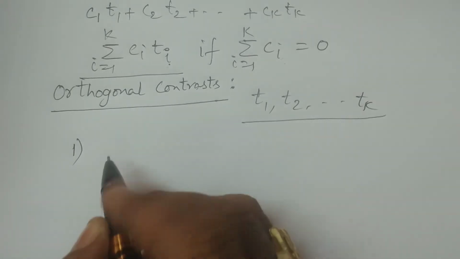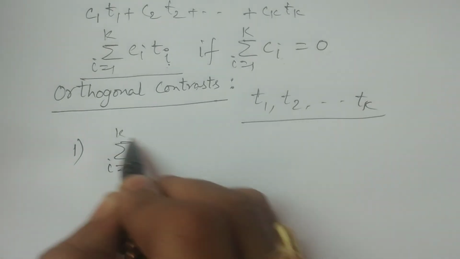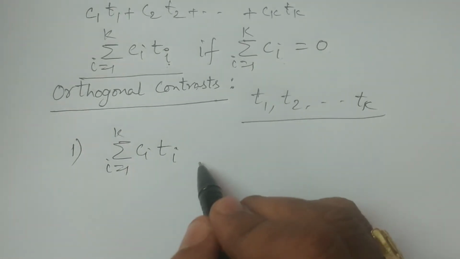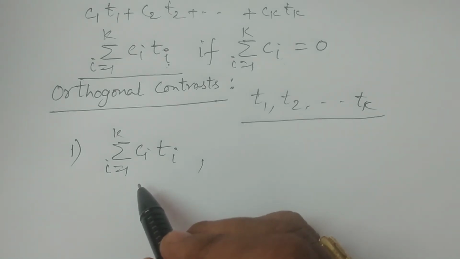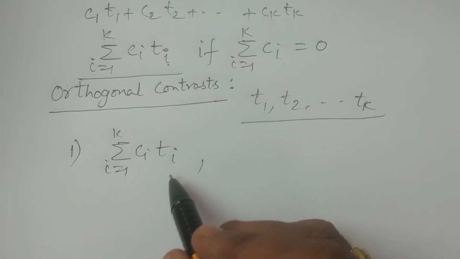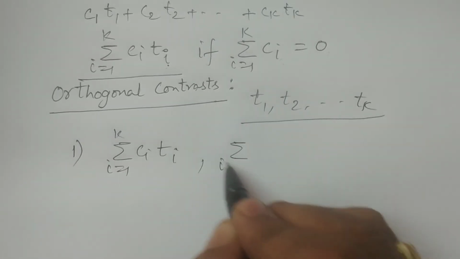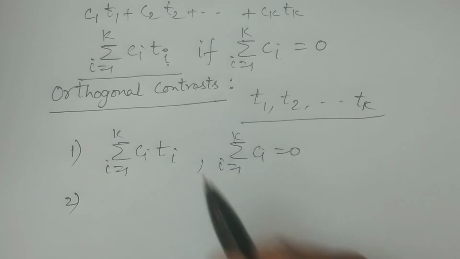The first one is summation i equal to 1 to k Ci Ti, a linear combination of K treatment means, which is called a contrast if summation i equal to 1 to k Ci is equal to 0. This is the first contrast I have considered.